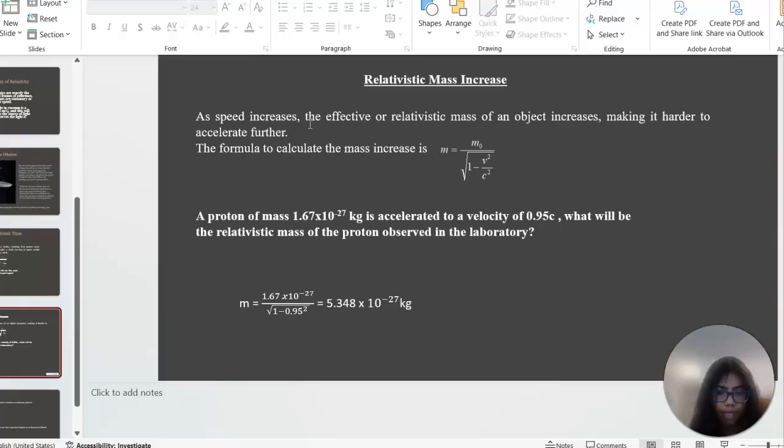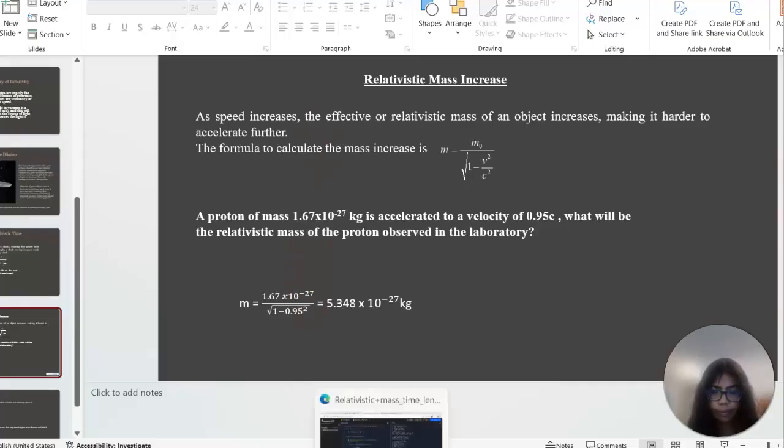A proton of mass 1.67 times 10 power negative 27 kilogram is accelerated to a velocity of 0.95 c. What will be the relativistic mass of the proton observed in the laboratory? m equals 1.67 times 10 power negative 27 over square root of 1 minus 0.95 squared equals 5.348 times 10 power negative 27 kilogram.